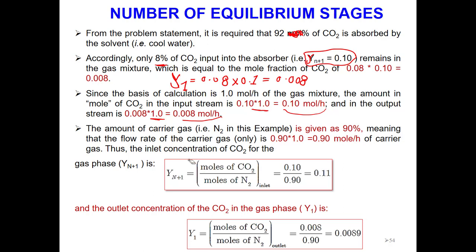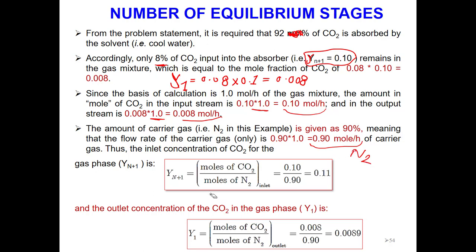Again, as I said, the definition: we know that 10% of the gas at the beginning is CO2, 90% is nitrogen. We have 1 mole per hour, 90% nitrogen, so we have 0.9 mole per hour nitrogen.